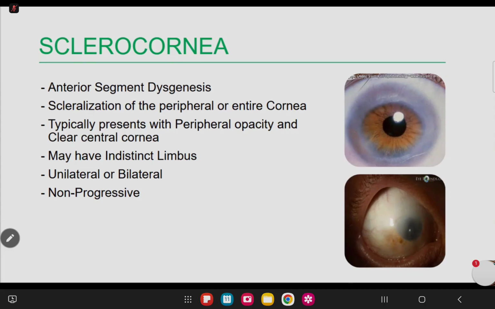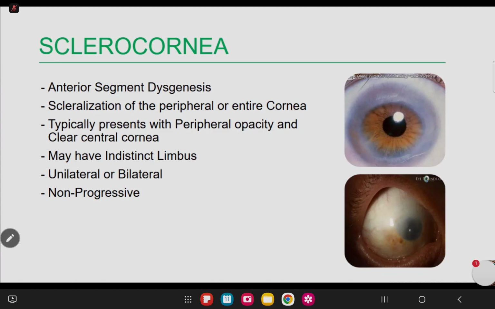So some parts of your peripheral cornea are scleralized, so there would be opacification also since your sclera is not transparent. Your sclera is colored white. The patients could also have indistinct limbus as compared to a normal patient where the limbal area is really well delineated. It could be unilateral or bilateral and it is non-progressive.